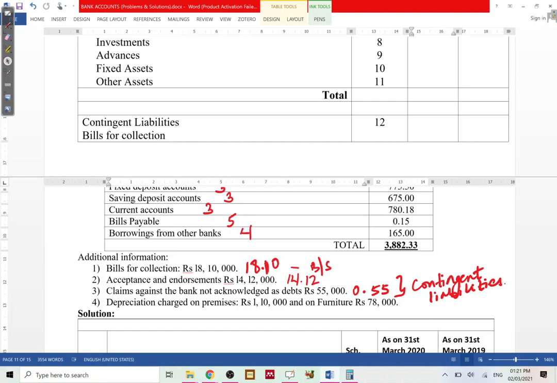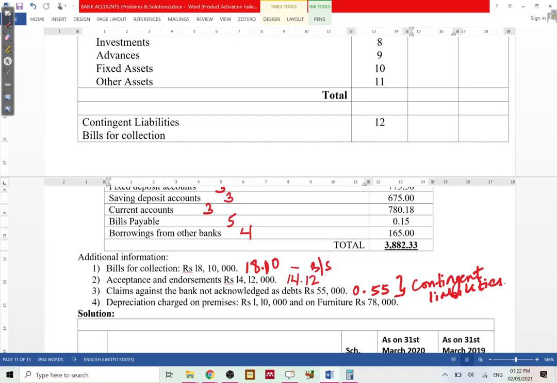So that is how contingent liabilities are to be shown. Contingent liabilities are liabilities which may or may not arise in the future, which you may or may not have to pay at some point of time. Okay. Similarly, you have acceptances, endorsements.